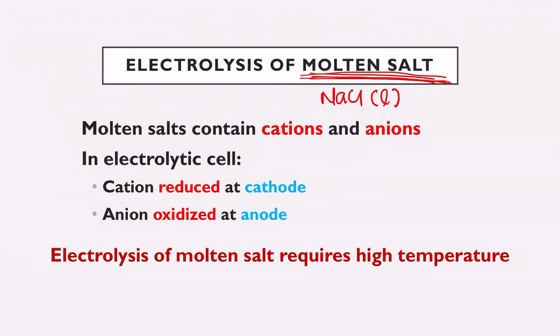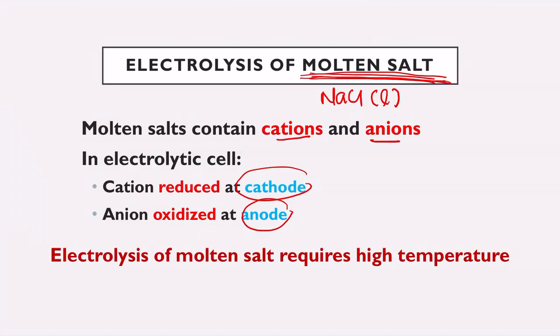Okay, so these molten salts, it contain your cations. Okay, dan nama pun salt mestilah ada your ions kan. So in an electrolytic cell, your cation will be reduced, maksudnya gain electron at cathode and anion will be oxidized at anode. Okay, so you have to know that lah, itu generally.